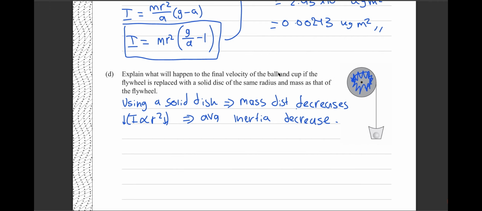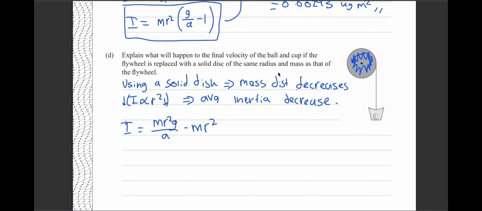We know that your inertia is, if we expand this out, mr squared g over a minus mr squared. So we clearly see that inertia is proportional to the ratio between the gravity and the acceleration. So basically, a smaller inertia means a larger acceleration. So if your inertia decreases, then your acceleration must increase because gravity is constant.